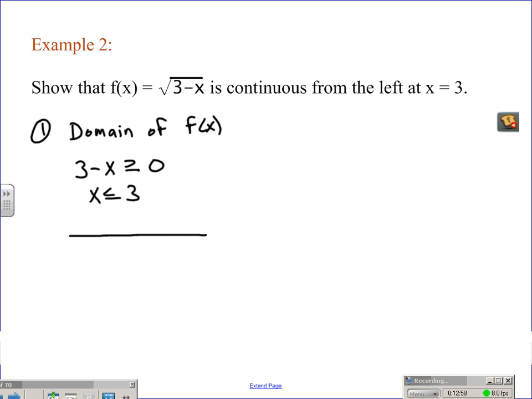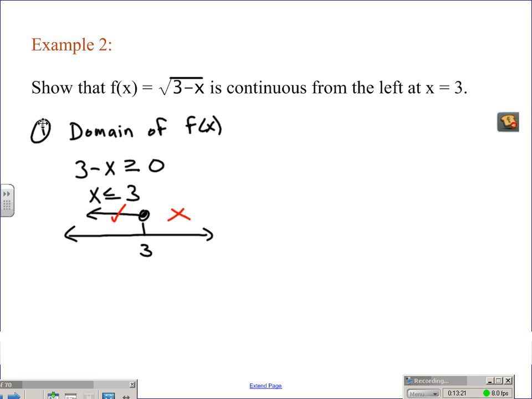Now, if we think about that on a number line, that looks like it's 3 here, and we're moving this direction. So can we approach 3 from the left-hand side? Yes, we can. Can we approach it from the right-hand side? No, we cannot, because it's not defined there.